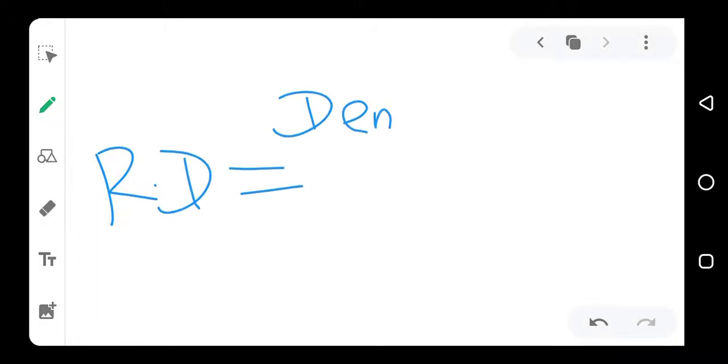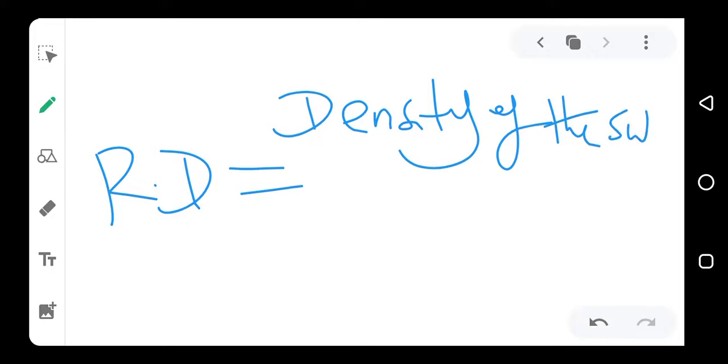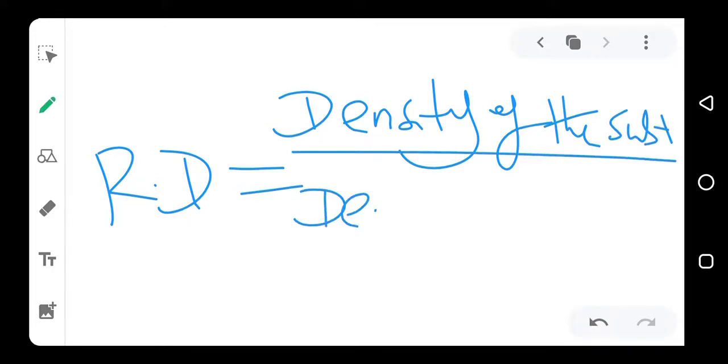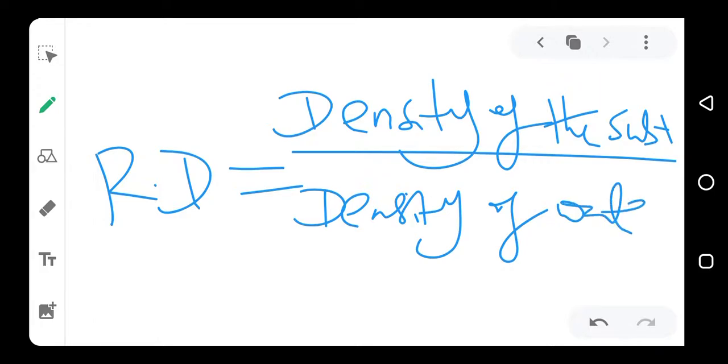So we define relative density, RD, as density of the substance all over the density of water.